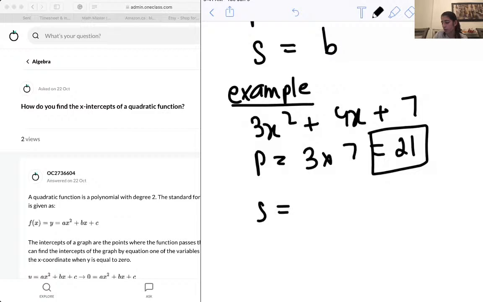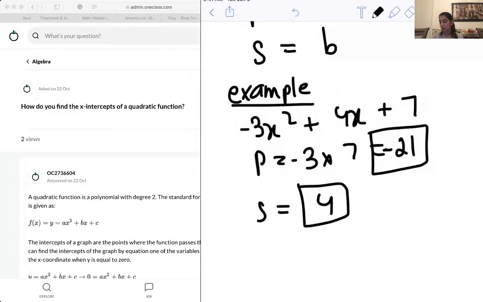So we know that 7 times 3 is 21. Oh wait, sorry. Okay, so we know that it's going to be negative 21.